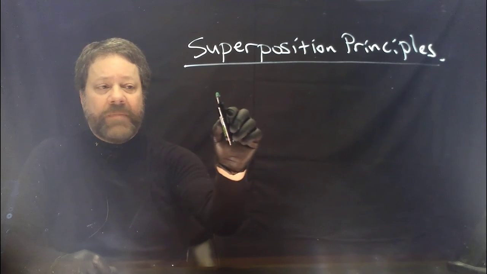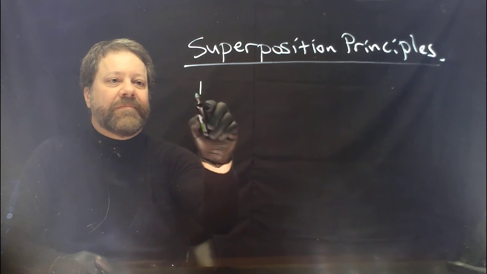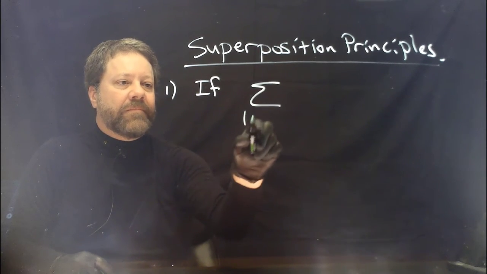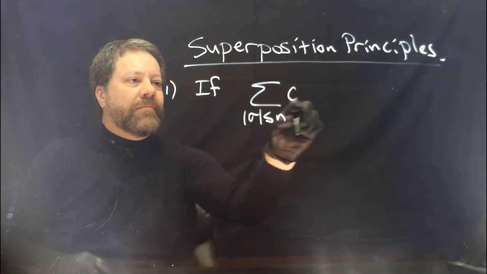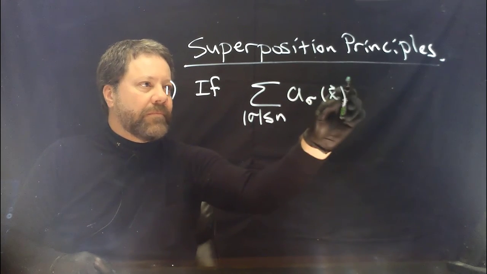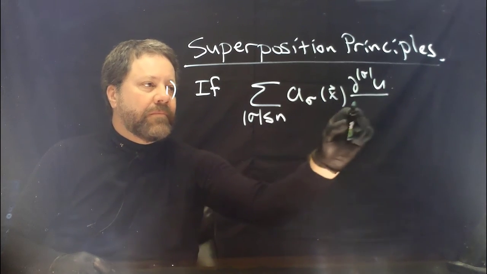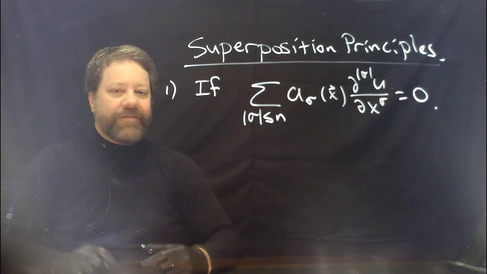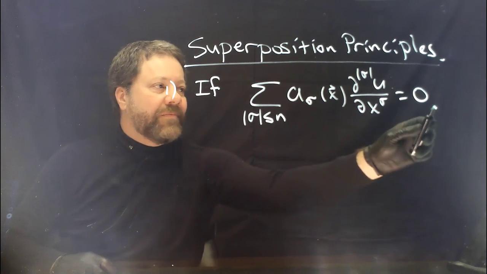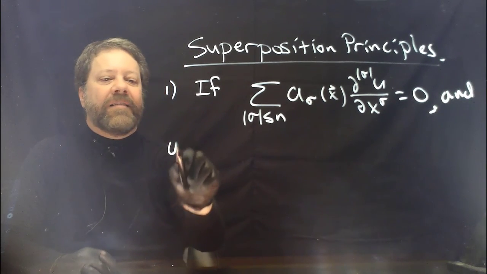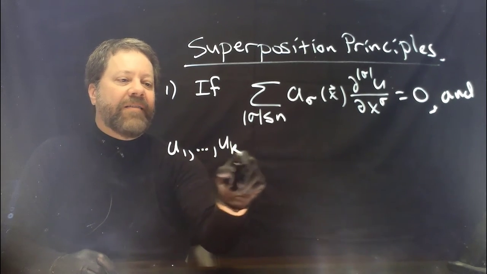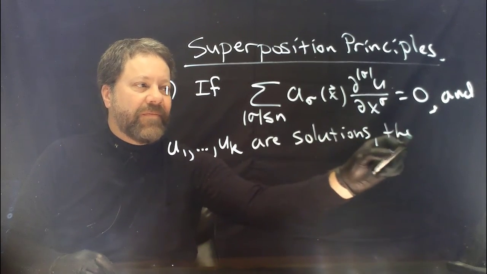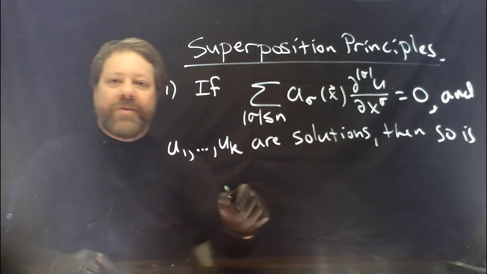First of all, if the linear problem is homogeneous, meaning on the right-hand side we have a function that is identically 0, and u1 through uk, if these are all solutions, then so is an arbitrary linear combination.